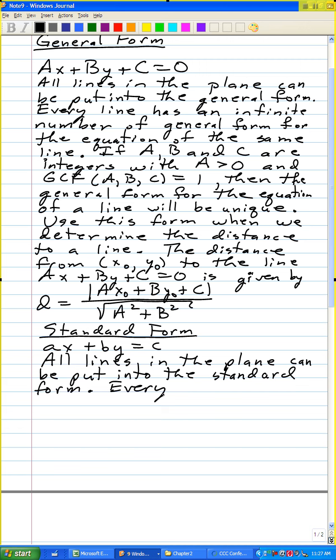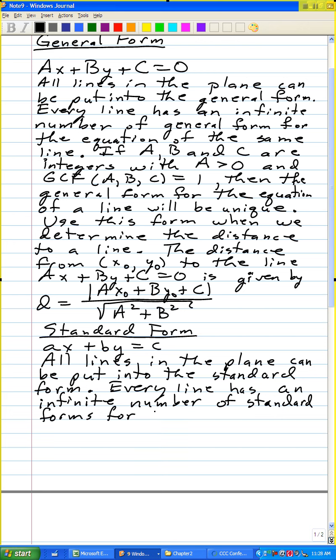Every line has an infinite number of standard forms for the equation of the same line.